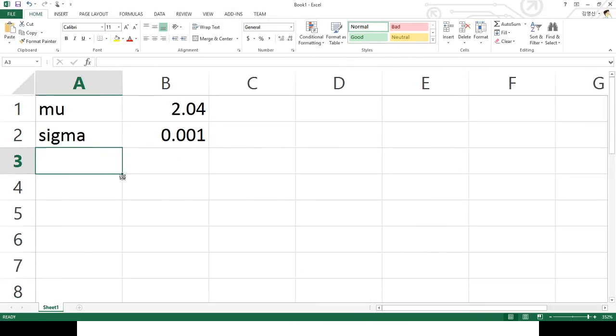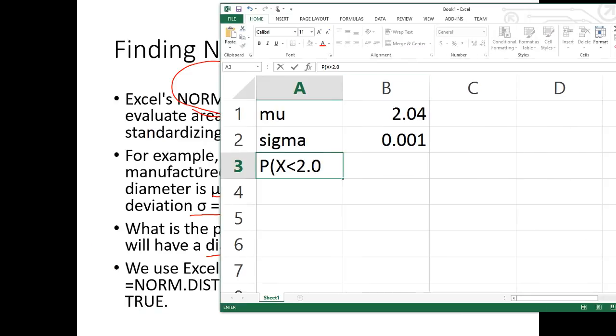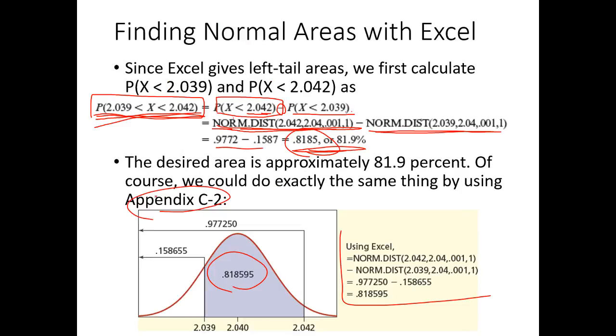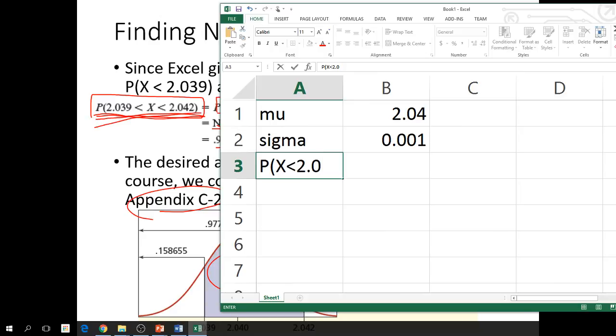So then the probability that x is less than 2.039, and we have to know the probability that x is less than 2.042.